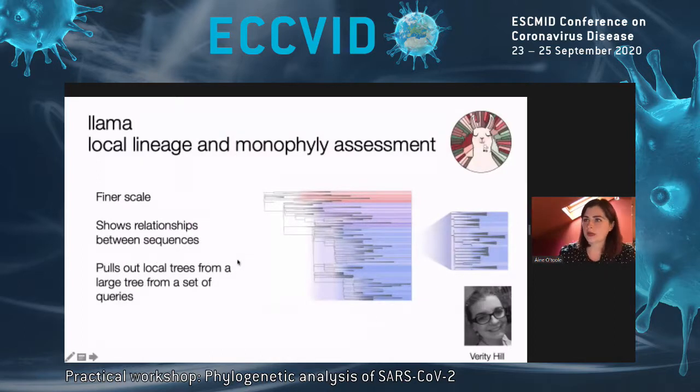Another tool that I'm only going to talk through because currently it's only available in command line form is LLAMA, which stands for Local Lineage and Monophyly Assessment.